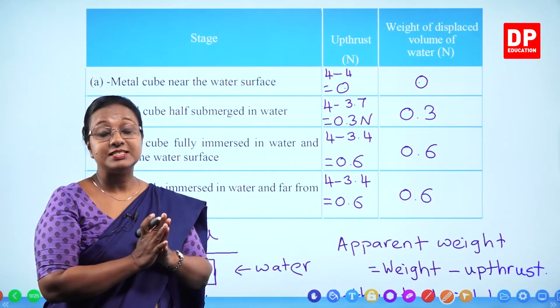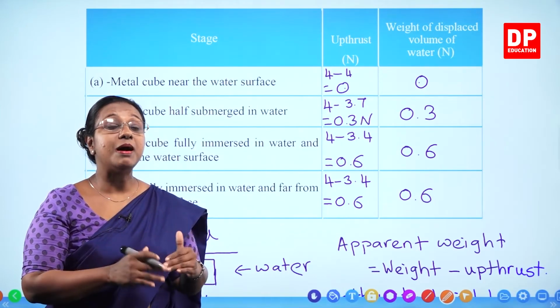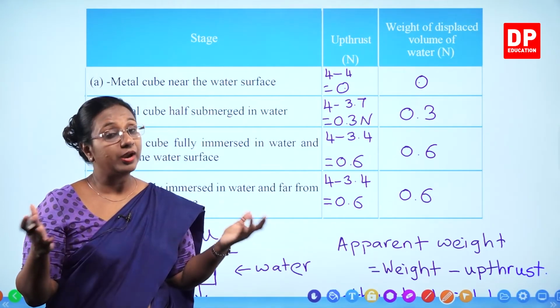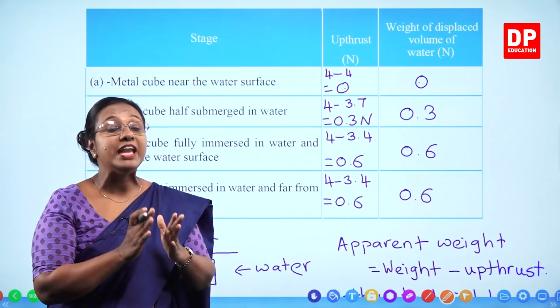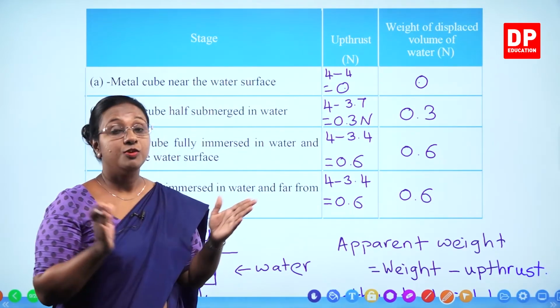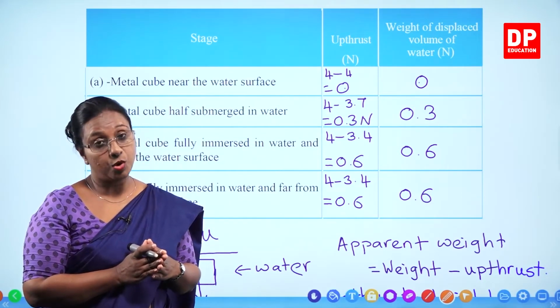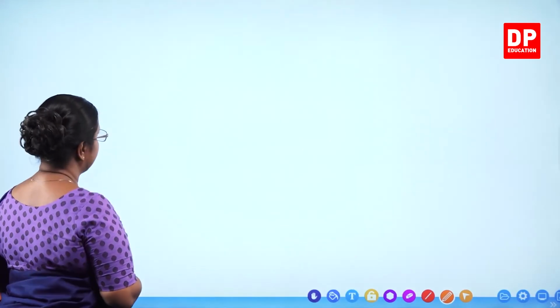So that is a relationship. The upthrust exerted by water, or any fluid for that matter, is equal to the weight of water displaced by the object when you immerse it in water. I will explain that in the next slide.